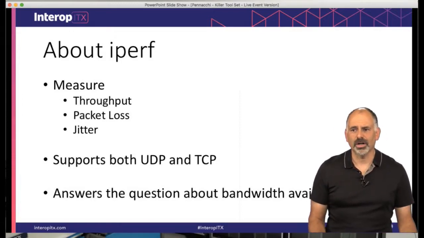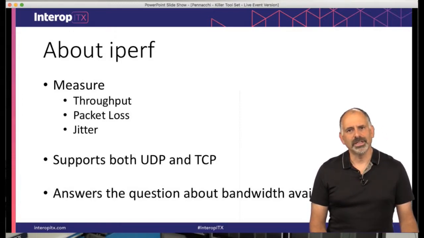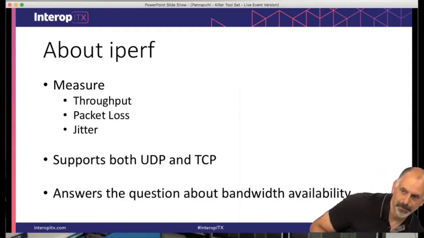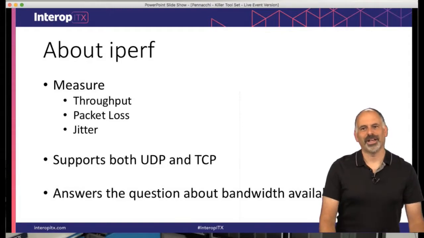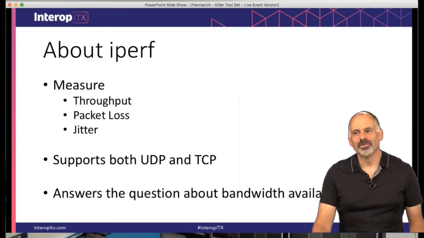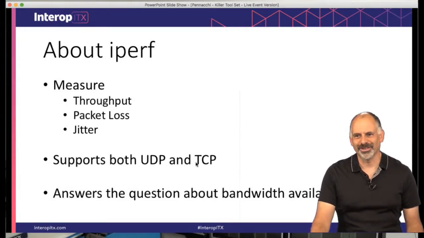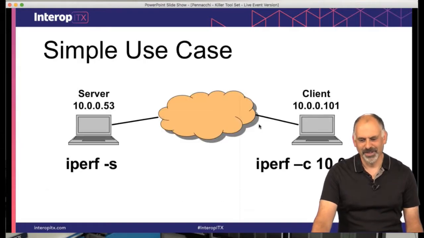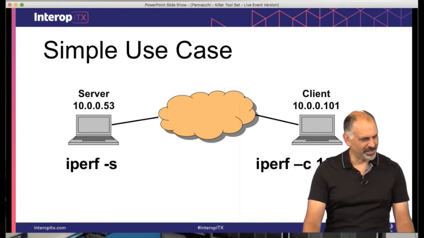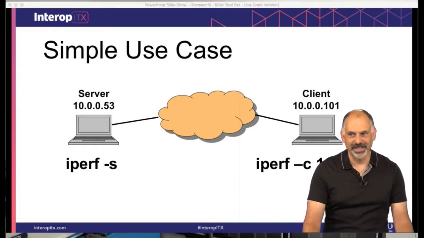But we're going to start with looking at TCP and how we can use this to measure throughput on our network. So it helps us answer questions about bandwidth availability. So we can see what that looks like out there. All right. So in this case, I'm going to take myself out of the picture for just a second.